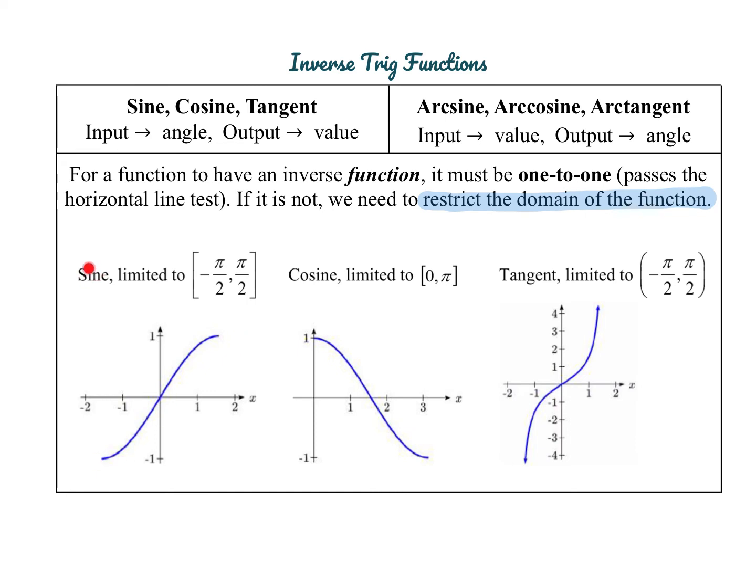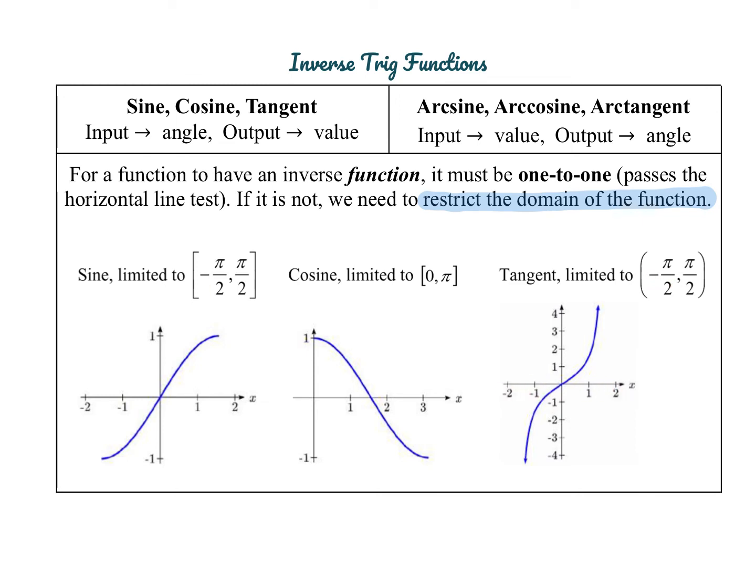For sine, look at this tiny little chunk of our graph that we took. We're going to limit the domain to negative pi over 2 and pi over 2. So we're only taking this one piece of our sine function to help us find our arcsine function. Cosine, the domain is limited to between 0 and pi. And tangent is limited between negative pi over 2 and pi over 2.